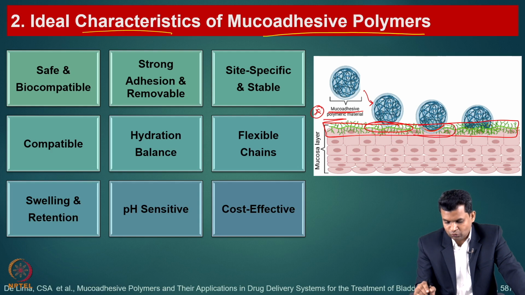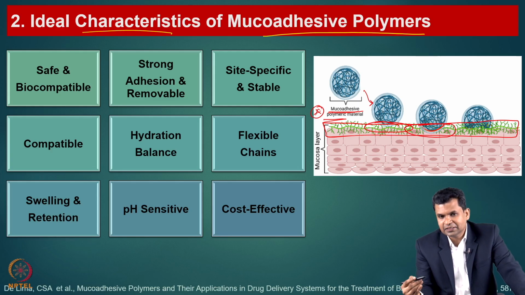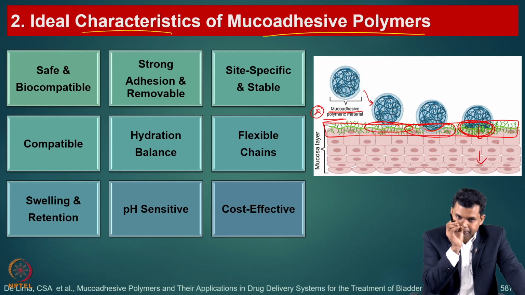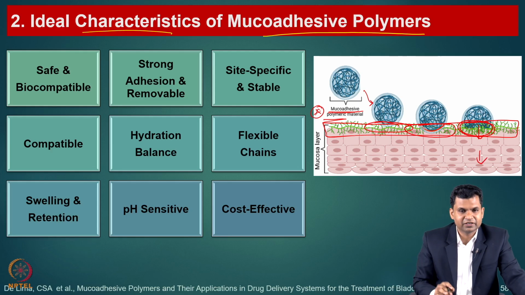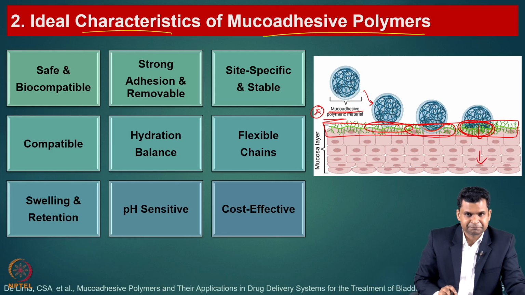It will undergo deep interaction between the functional groups of the polymer and the mucin content, and further the two will unite and it will undergo cell uptake. So, this is the process of a mucoadhesive drug delivery system.